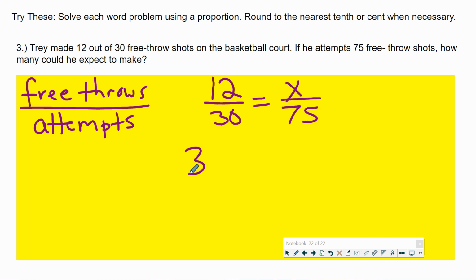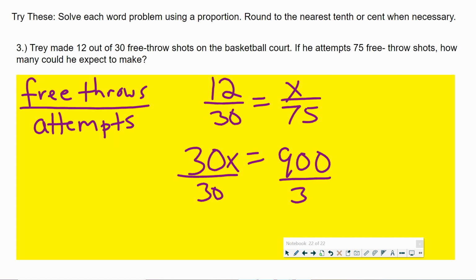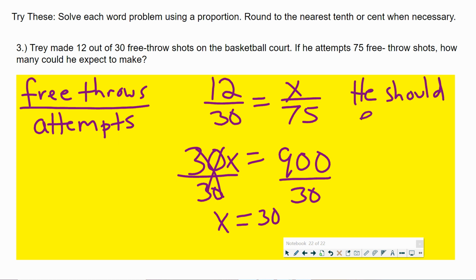So we're going to do 30x equals 12 times 75 equals 900. Divide both sides by 30. X equals 30. So how many could he expect? He should expect to make 30 free throws.